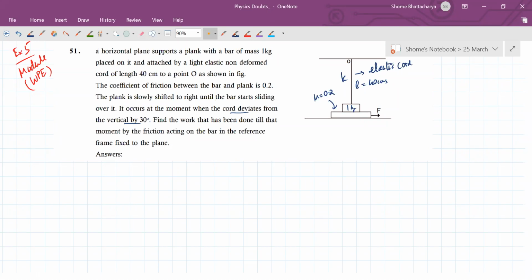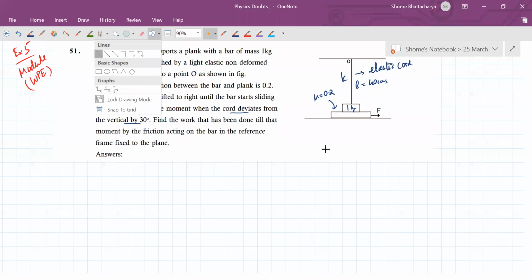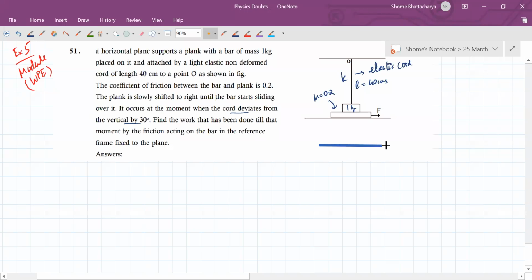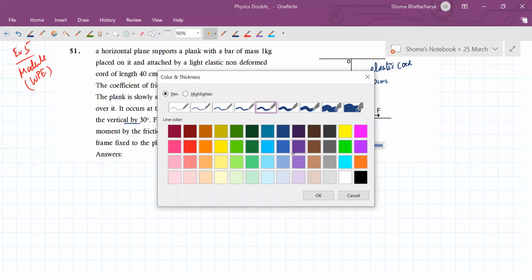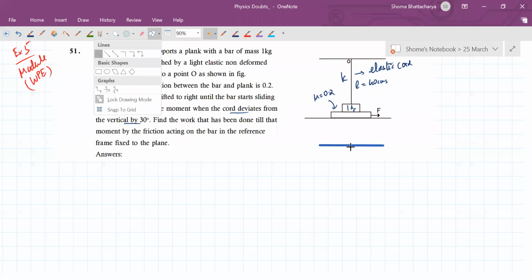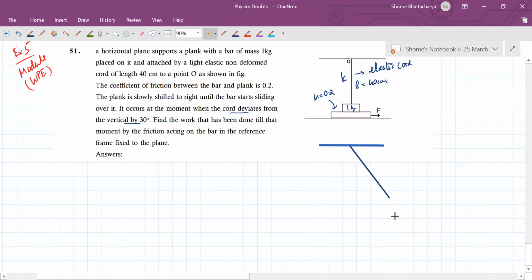Let's understand the diagram when that has happened. When this is deviated by 30 degrees, it just about starts to slip.